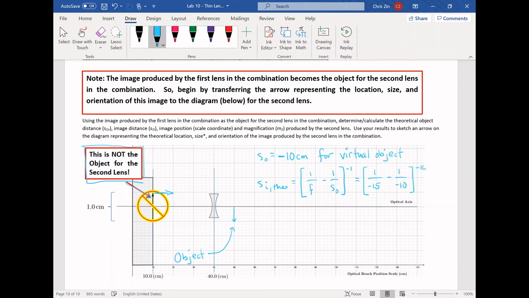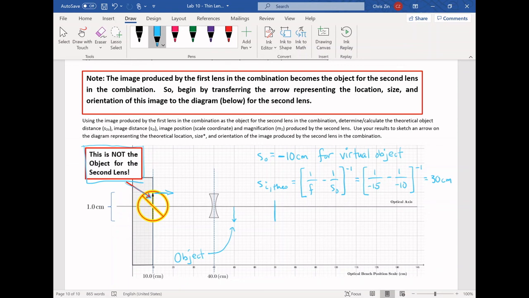And I raise all that to the power of minus 1. If you plug that into your calculator, you should get an image distance of 30 centimeters. So that means theoretically, you are predicting an image to be somewhere at this location.